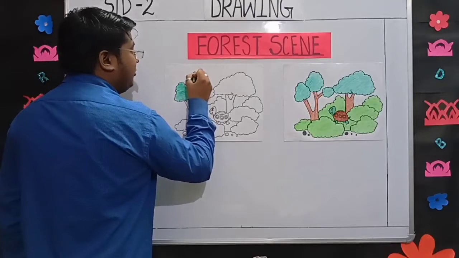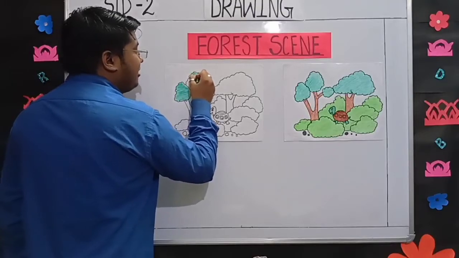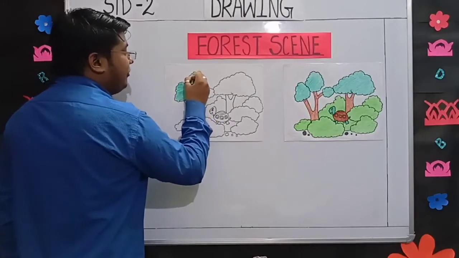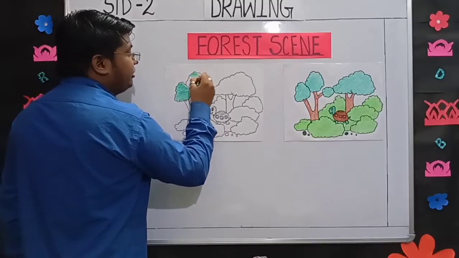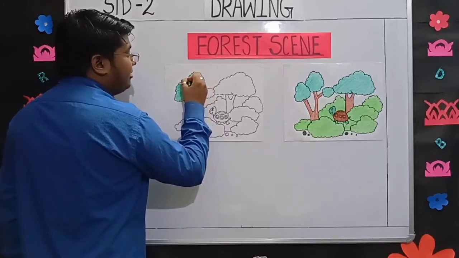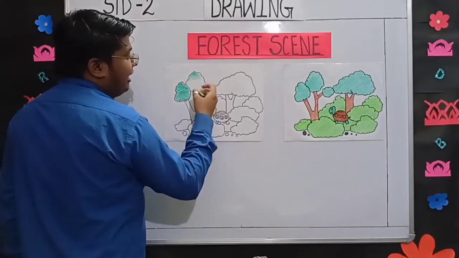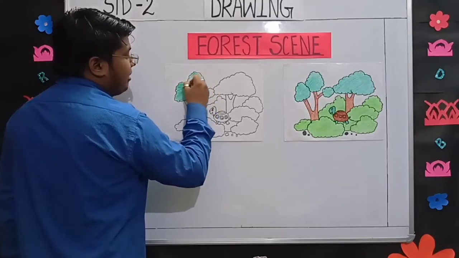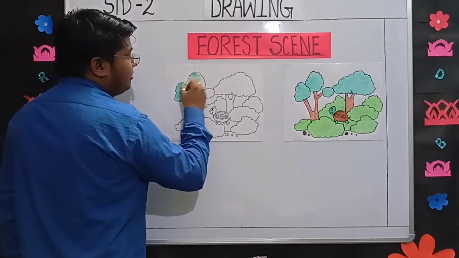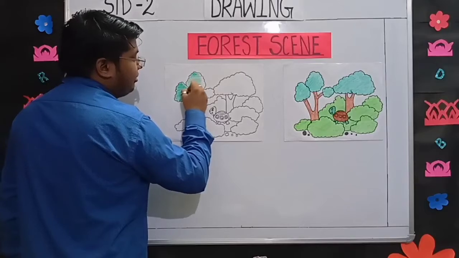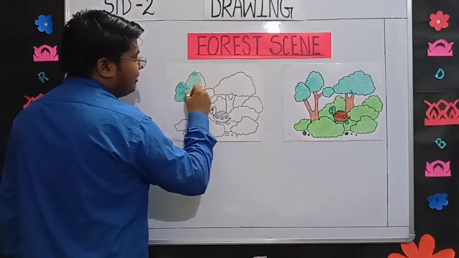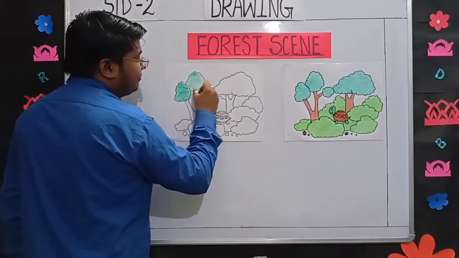We have to always remember, we have to color the pictures very carefully so it doesn't go outside the line. And we have to color in one particular direction to look very clean.